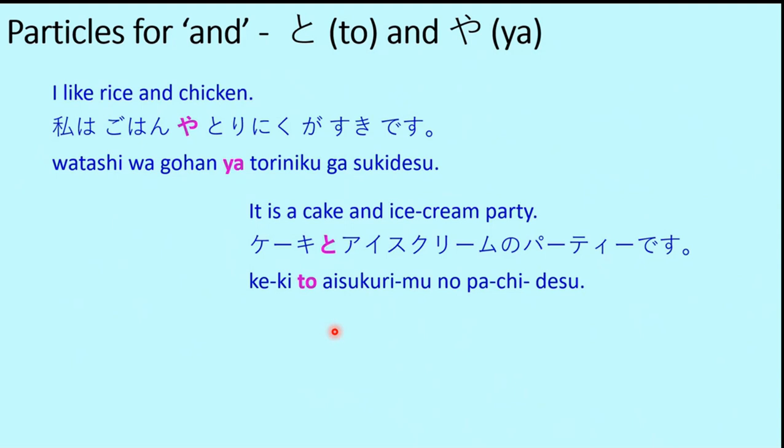And if you think that the list is incomplete, there is not enough information about all the possibilities, then ya has to be used. As we go along with other lessons, you will come across many such sentences when we start discussing the verbs and other topics. You will come across ya and to, and at that time it will get more and more clear to you.